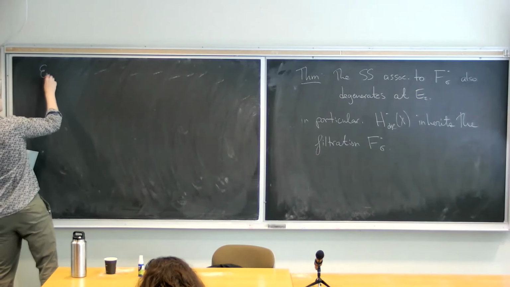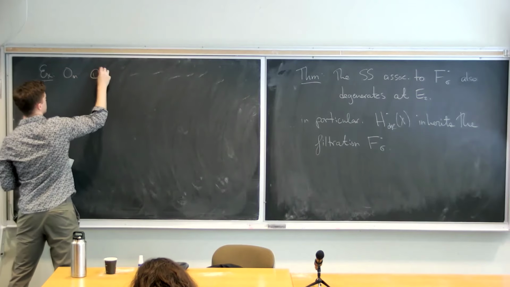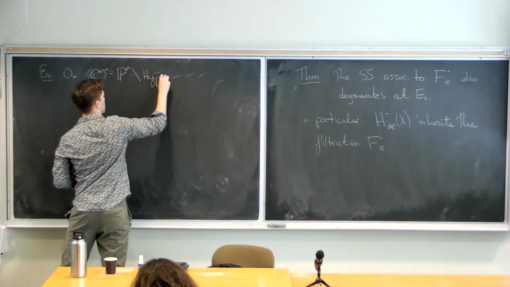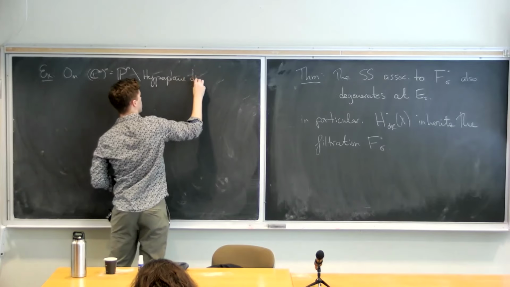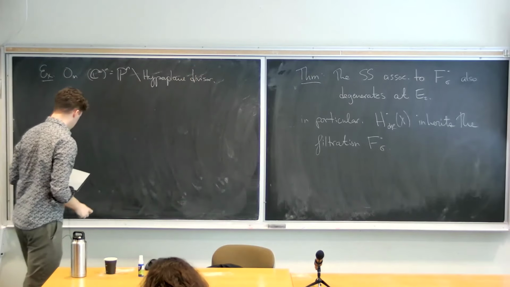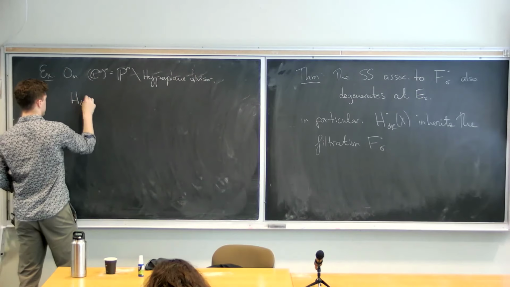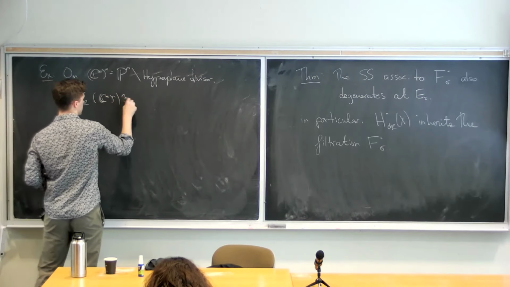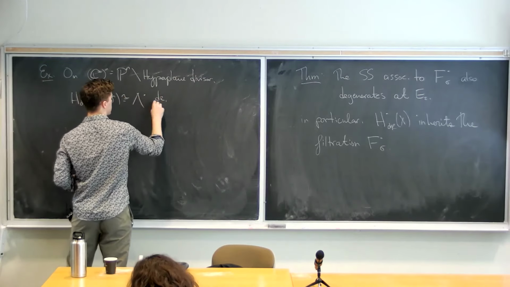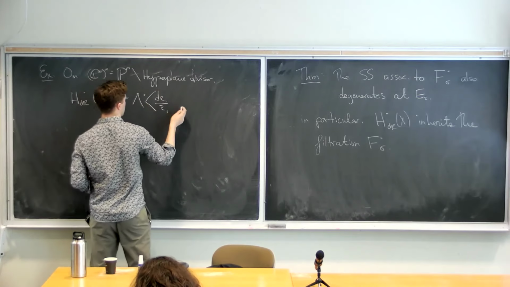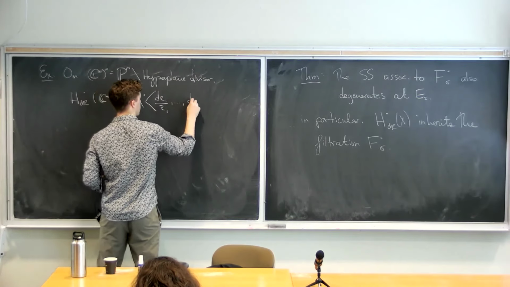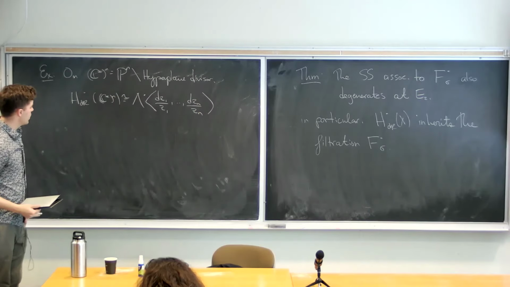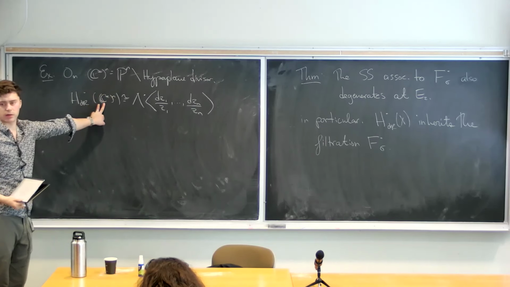So, example. On C star to the n, which I'm thinking of as C^n minus the hyperplanes, the de Rham cohomology looks like the exterior algebra on my coordinates, z1 and so on. Here something funny happens, which is that the ordinary de Rham cohomology of this is actually generated by logarithmic forms.